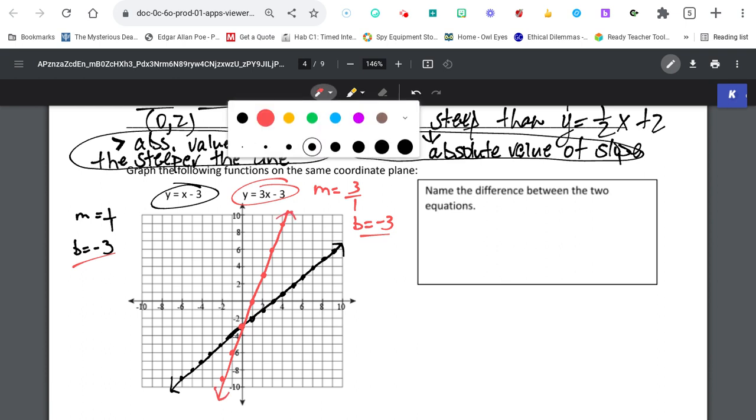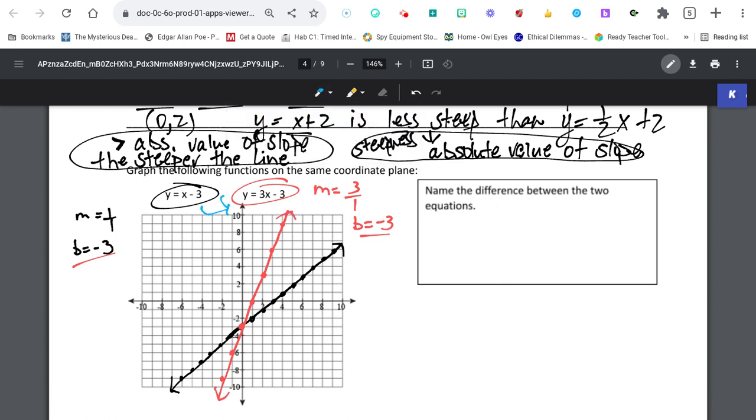So I'm going from the black line to the blue line. If you take the tip of your black line, you will have to rotate this thing up to get to the red line.